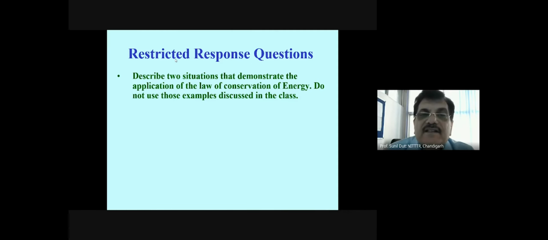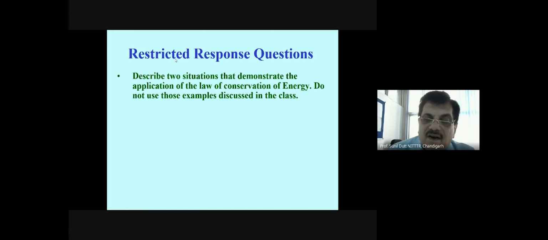So you can see here both components. Describe two situations that demonstrate the application of the law of conservation of energy. The scope is two situations, and the nature of response is that the student has to describe. And I have put one more restriction: do not use those examples discussed in the class. For example, I have given this question in a sessional test, so I am asking them to use different examples.